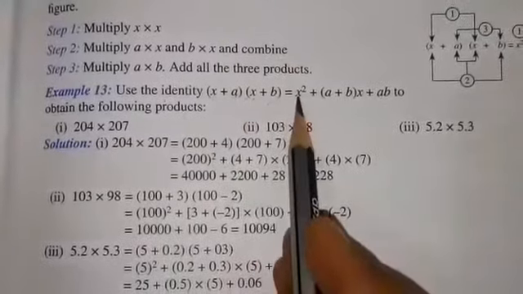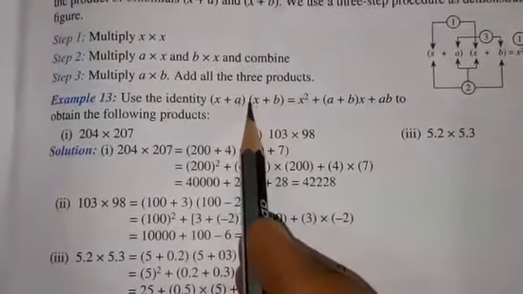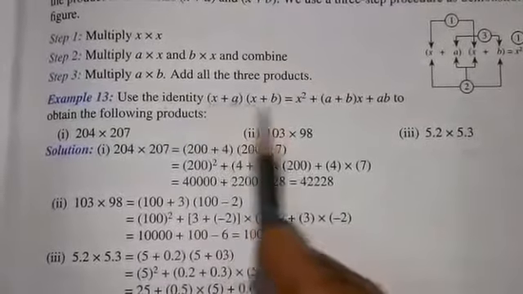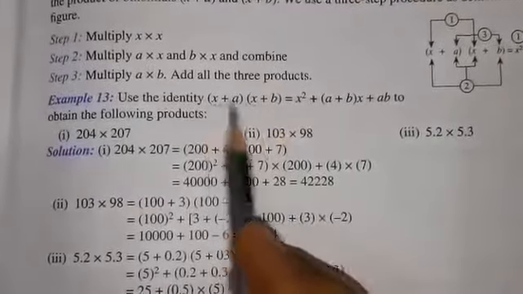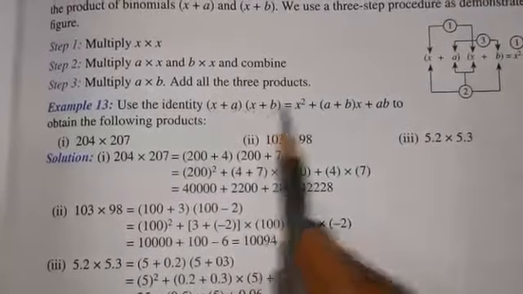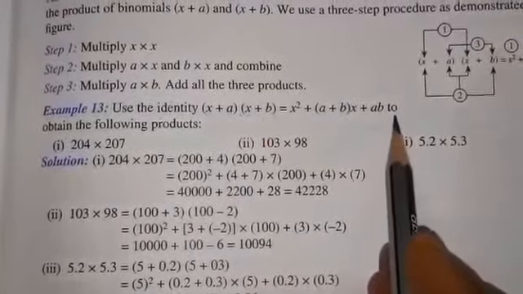Which means when the product of the two binomials looks like this, that is, their first terms are the same and their second terms are different, then we need to work the product like this.